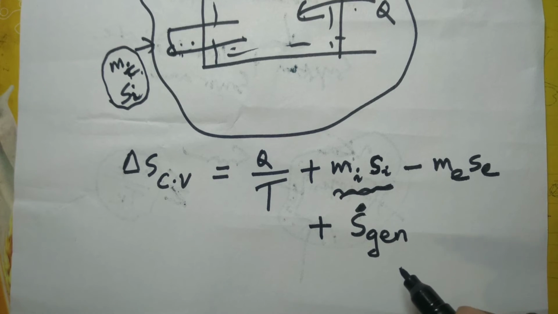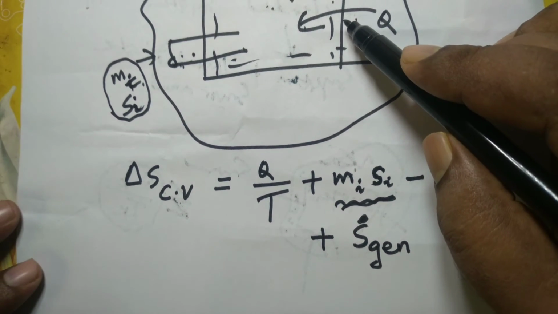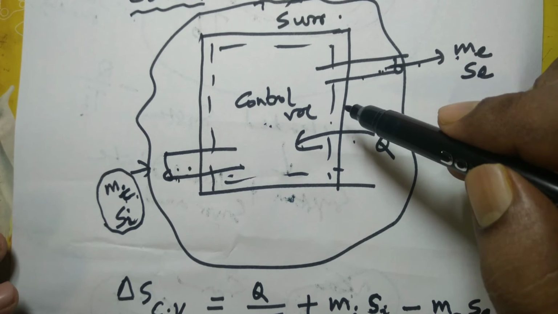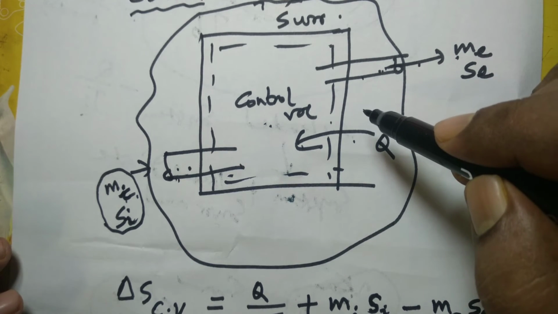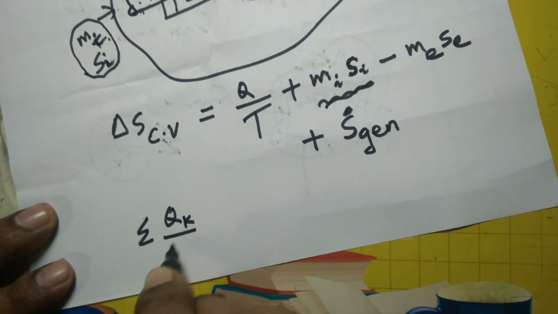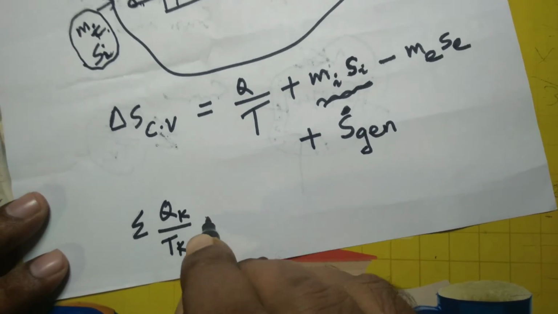Suppose instead of this single heat transfer from the surrounding, heat interaction takes place at multiple locations with different temperatures, then the equation will be sigma Qk by Tk plus.